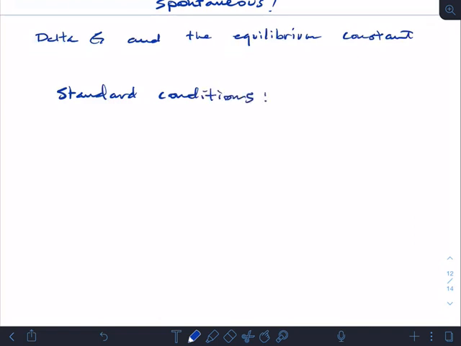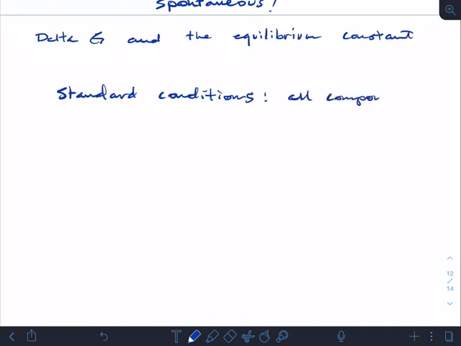All right. So the last thing that we need to talk about in our chapter 19 is delta G and the equilibrium constant. Because we've already seen that at equilibrium, delta G has a particular value, okay? And we're going to start by talking about delta G under non-standard conditions, okay?